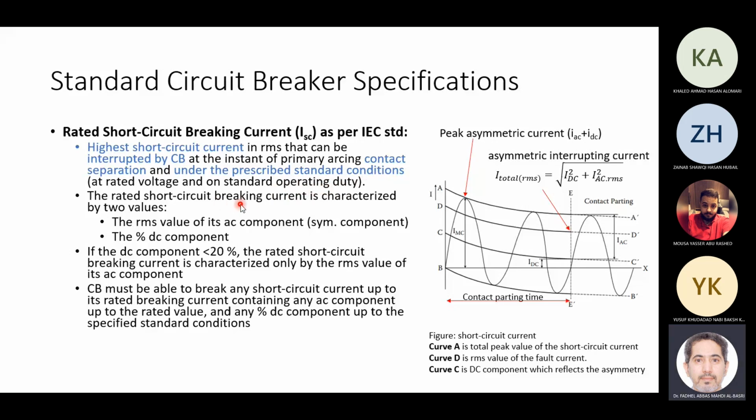So rated short circuit current is characterized by two values: the RMS value of the AC component, which is the steady state AC component value, and the DC component, which is the DC value at the contact parting time. At the peak value also, it has both DC and AC components.